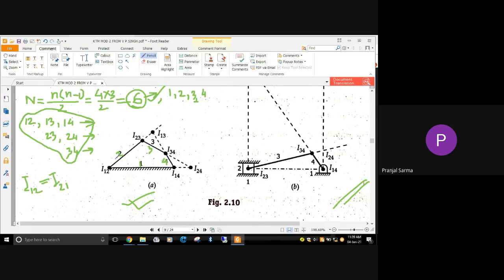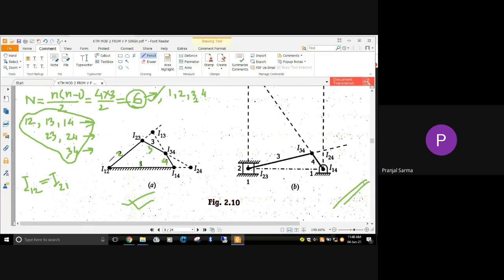Now, link 1 and 2, from observation, what kind of joints are they? The different links 1, 2, 3, 4 are joined by what kind of joint? These are pin joints, right? By looking at the figure, we can say these are the pin joints that we have got.